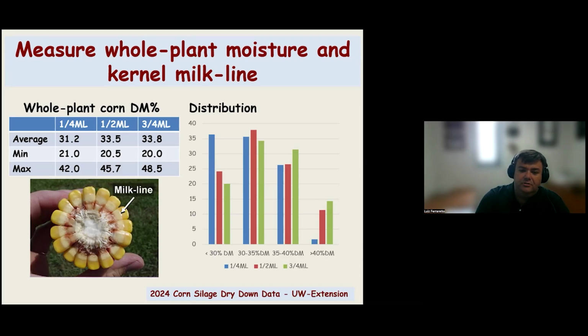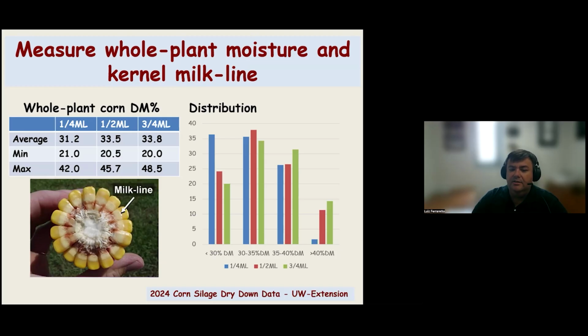Okay, and just to add a little bit more information to this data, on the right side we have the distribution of those samples. So that's the percentage of samples within one of those three categories: 1/4, 1/2, or 3/4 of the kernel milk line, and where they are within lower than 30% dry matter, between 30 and 35% dry matter, 35 and 40, or more than 40.